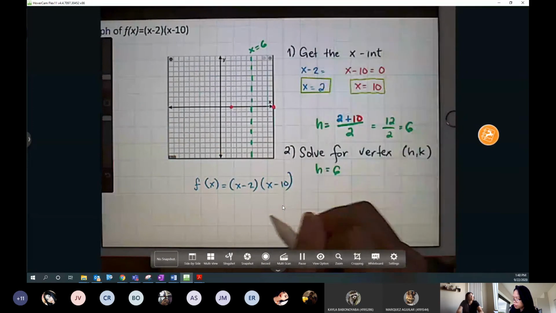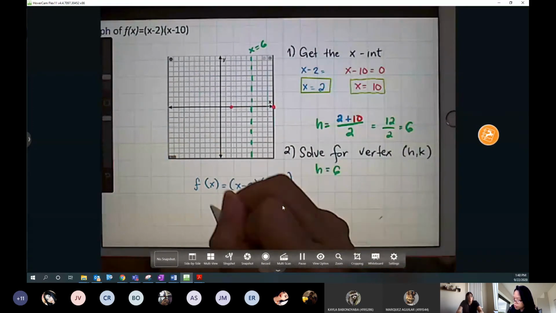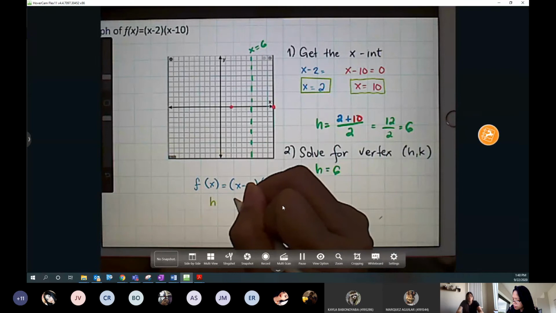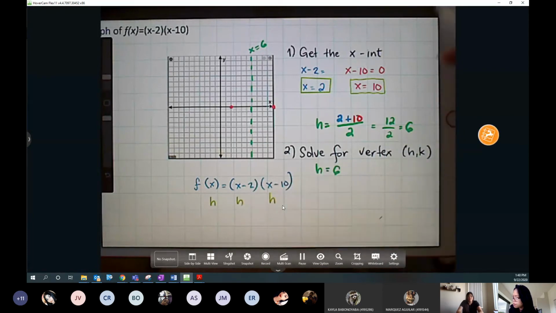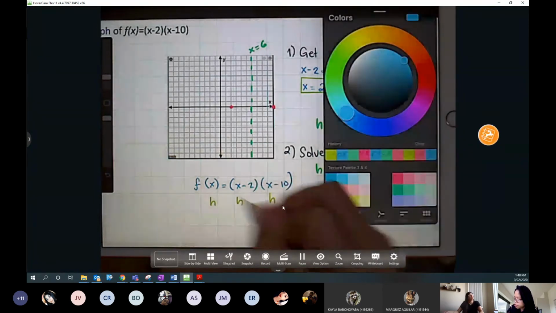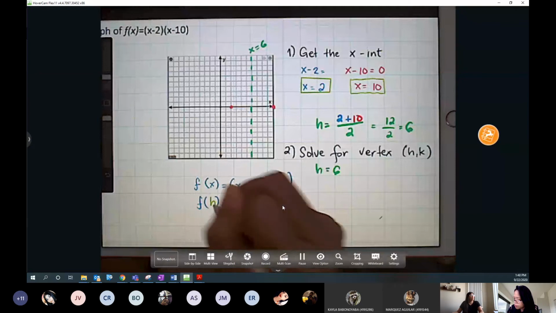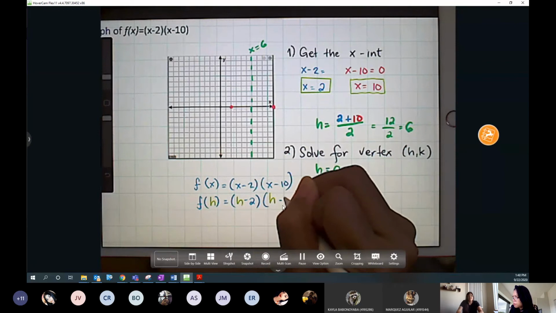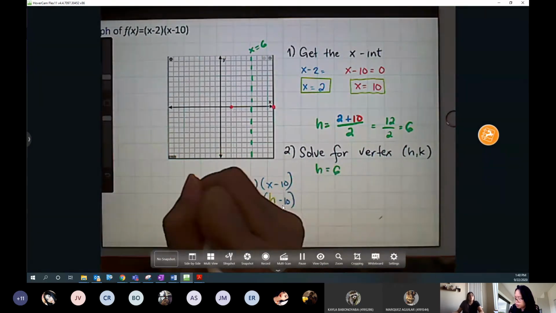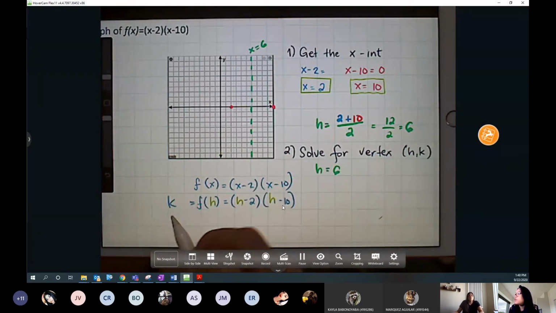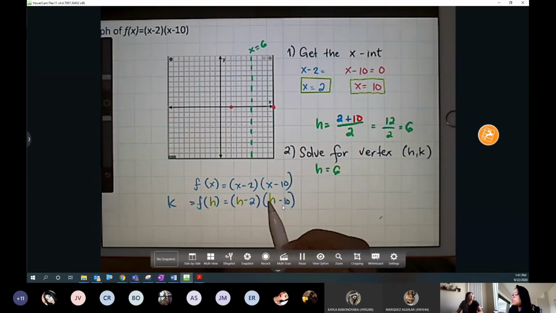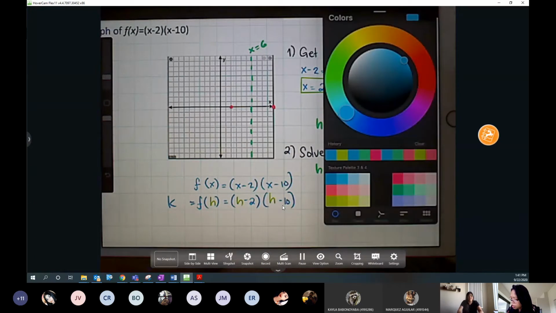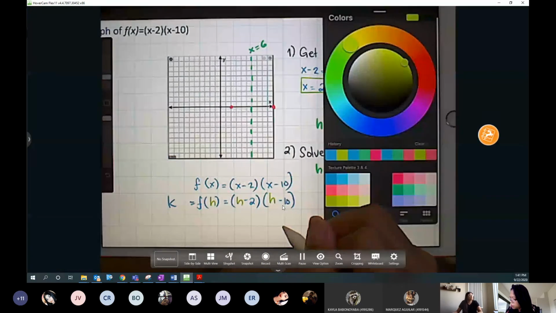Okay, I'm going to replace all the x with h. And this will give me the k. So k is y, or the combination of f of h. Okay, now I'm going to replace the h with 6.